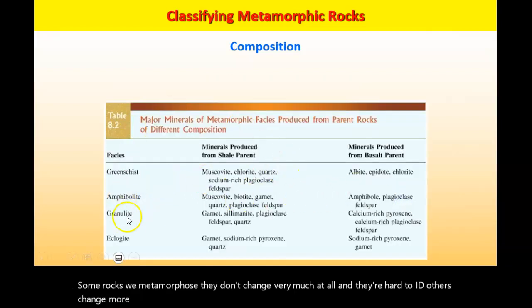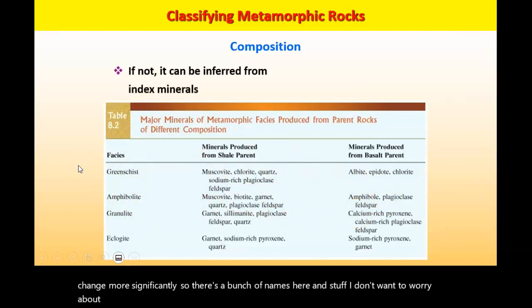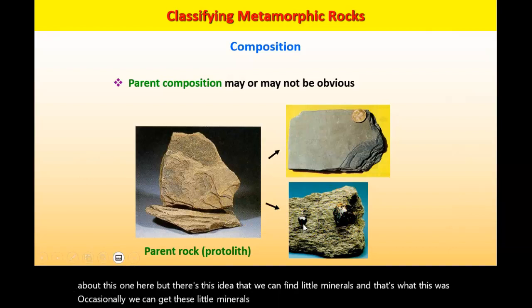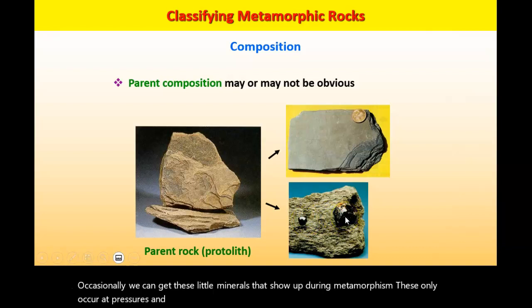So there's a bunch of names here. I don't want you to worry about this one here, but there's this idea that we can find little minerals. Occasionally we can get these little minerals that show up during metamorphism. These only occur at pressures and temperatures deep inside the earth, and so they're an indicator of where this rock came from.